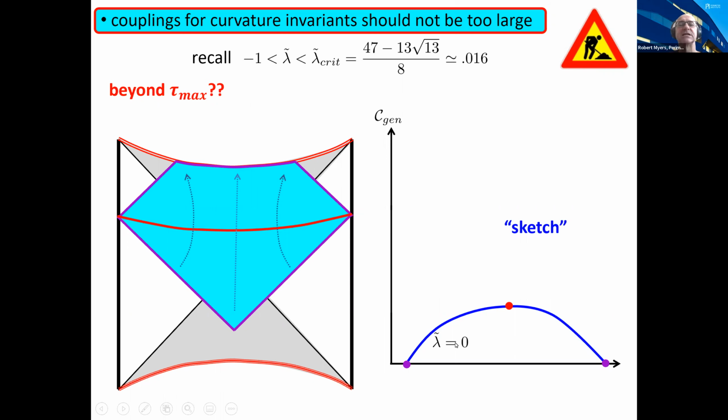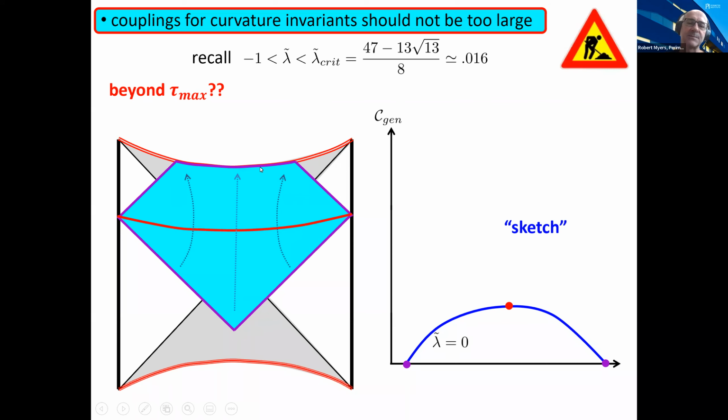When I'm just thinking about complexity equals volume, so I've set the lambda term, or erased the c squared term, then at the bottom of the Wheeler DeWitt patch on these light sheets, the volume is 0 because they're null surfaces. I sweep through the interior, and I know that there's an extremal surface in the middle, a maximum.